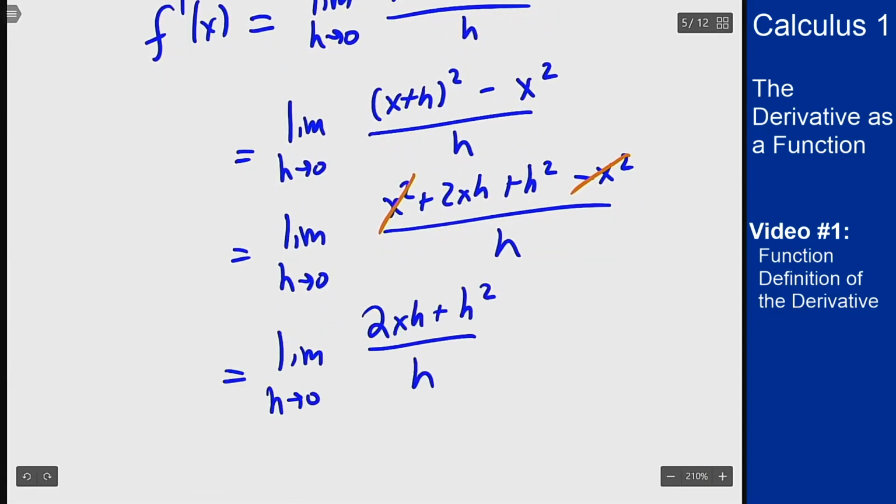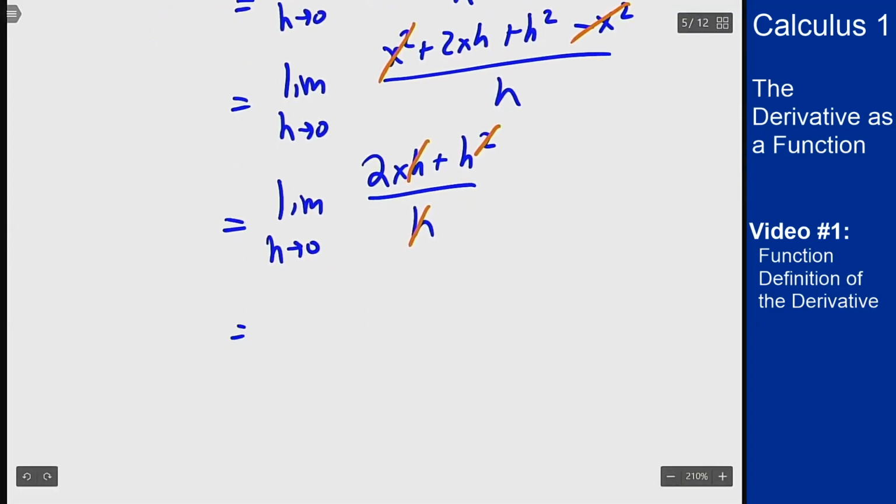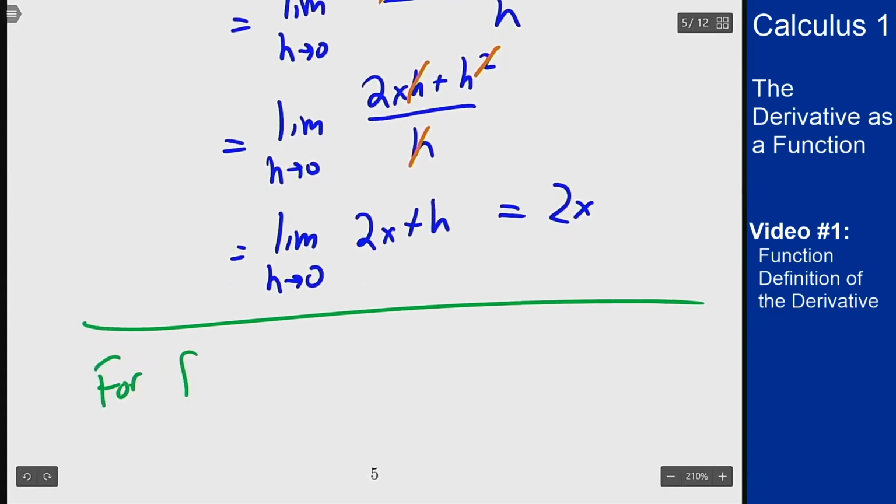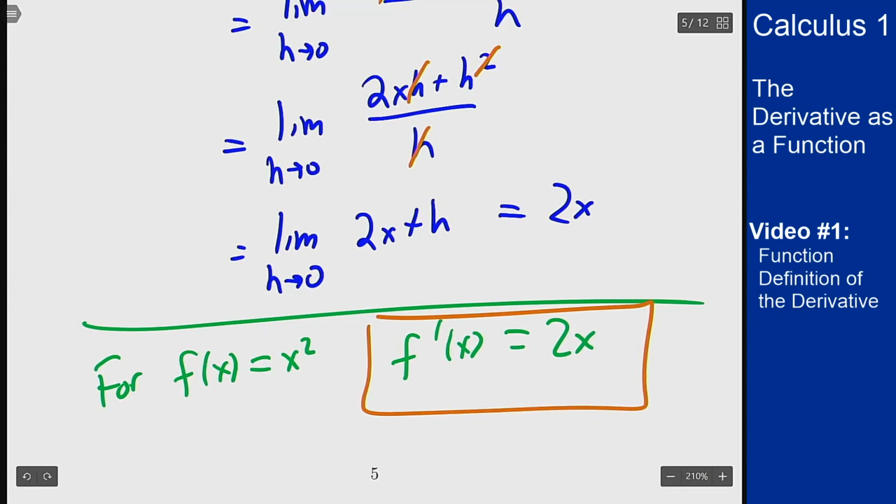Now I can cancel an h from every term to leave me with limit as h goes to 0 of 2x plus h, which is 2x because the h goes to 0 when I hit the limit there. So my end result here is that for the function f of x equals x squared, f prime of x equals 2x. And so if I wanted the slope of the tangent line at 4, I can now just plug in 4 and get the slope as 8.